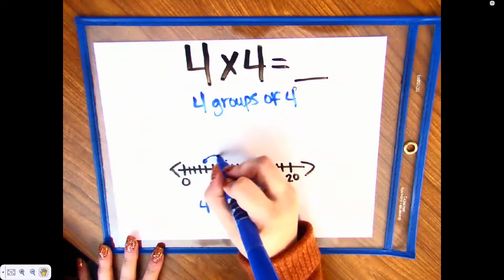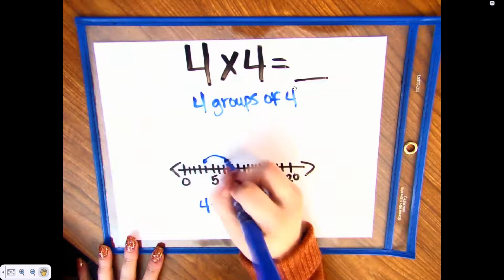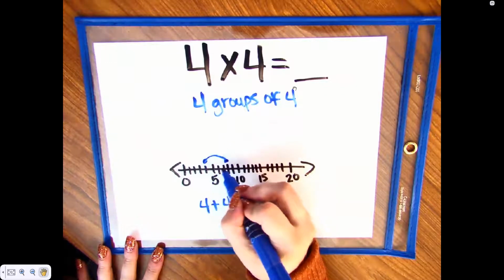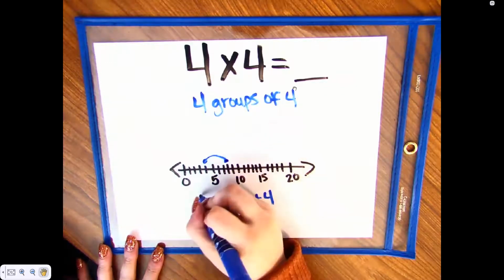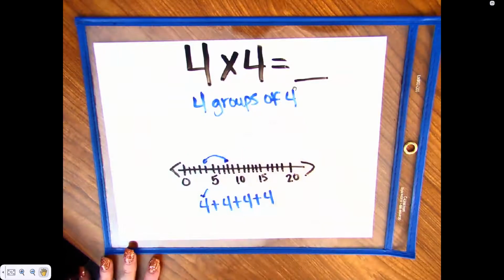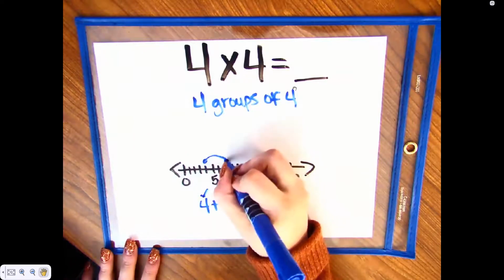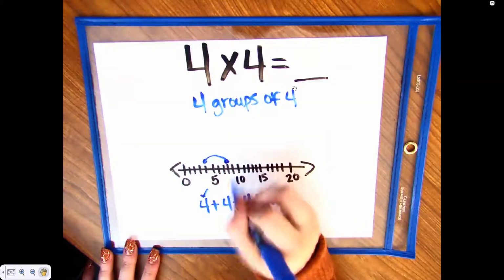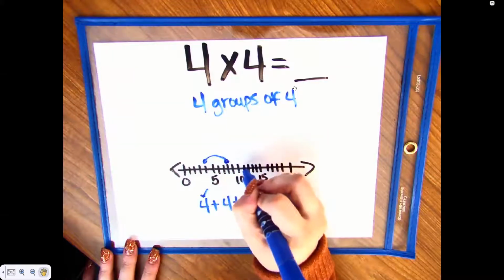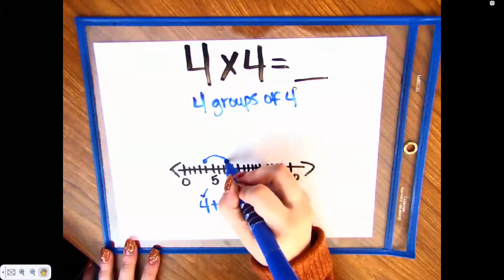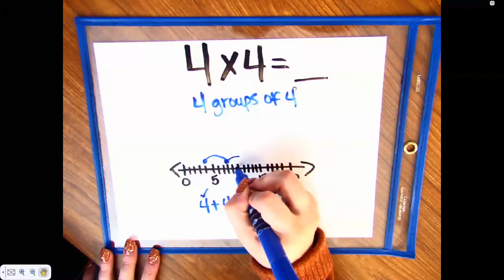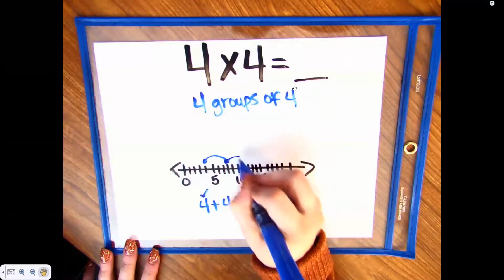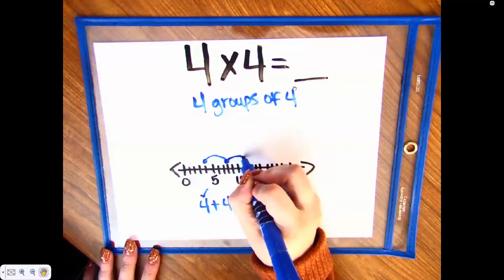So I'm going to go 4. So I'd be right here. So that's 5, 6, 7, so I'm at 8. So I've done this one. Okay, so now I'm going to go another 4. 1, 2, 3, 4. So then I go another 4. So I have to make sure I'm counting my tallies. I'm going to go to the right thing.